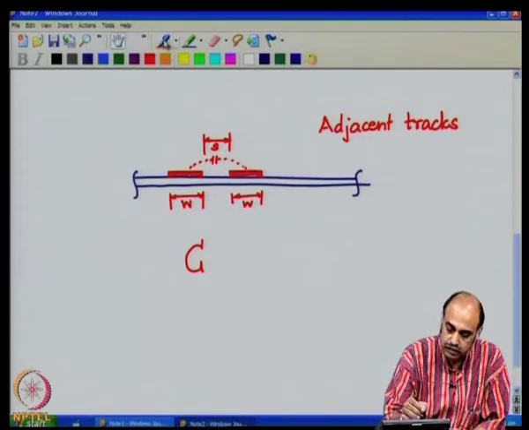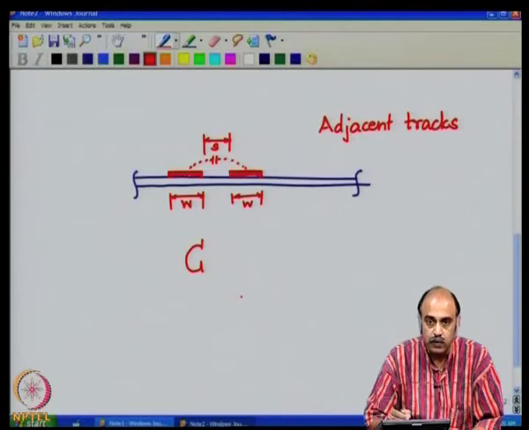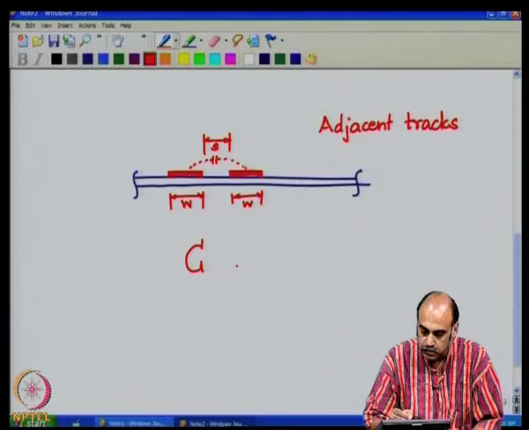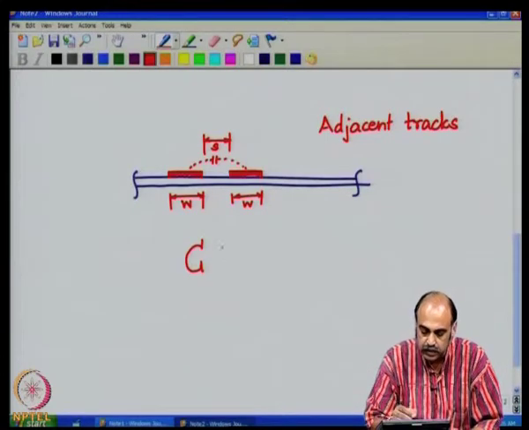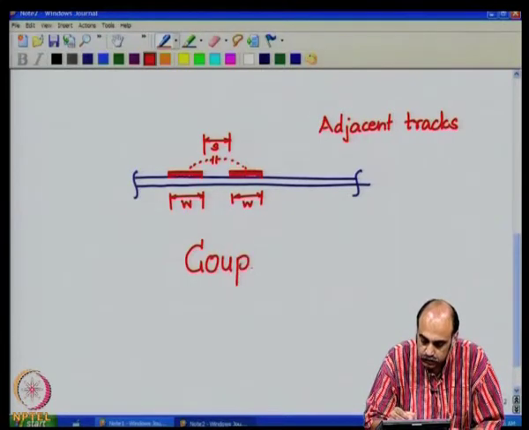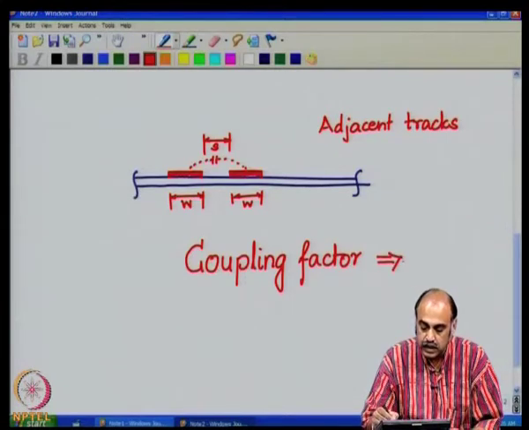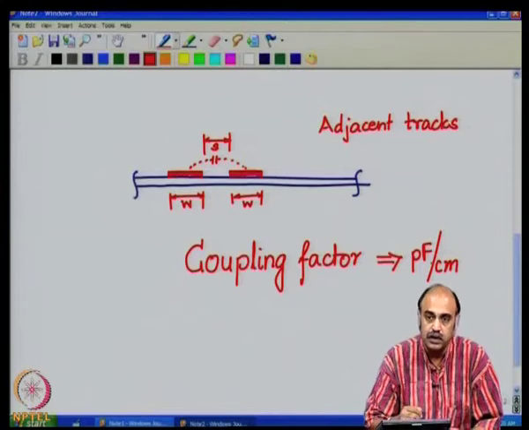However, people have come up with some empirical rules which can be used for finding the capacitance. What is normally given in the empirical rules is called a factor called the coupling factor. Coupling factor, and this is expressed in picofarads per centimeter run of the track.